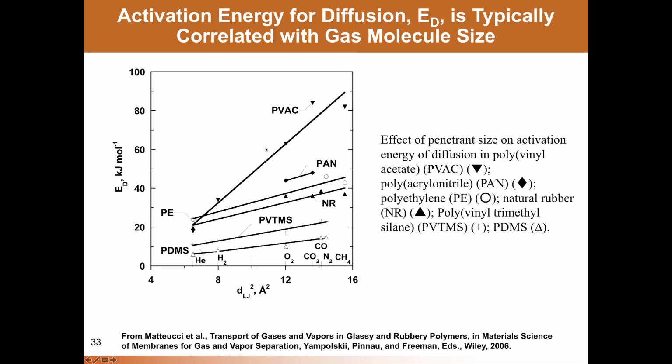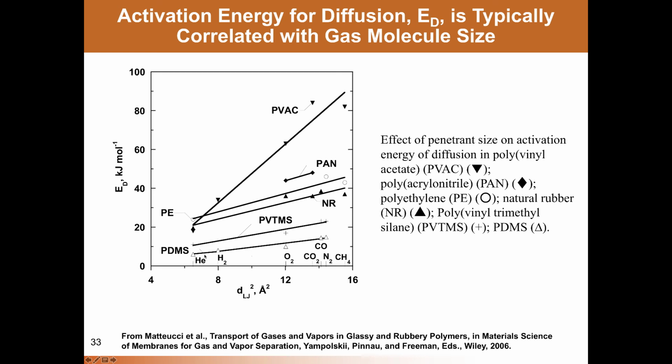And this shows one correlation of data for a variety of polymers, and shows the activation energy for a variety of penetrants in different polymers, scaling with the square of the molecular diameter, here just being the Lennard-Jones diameter of the penetrant squared.